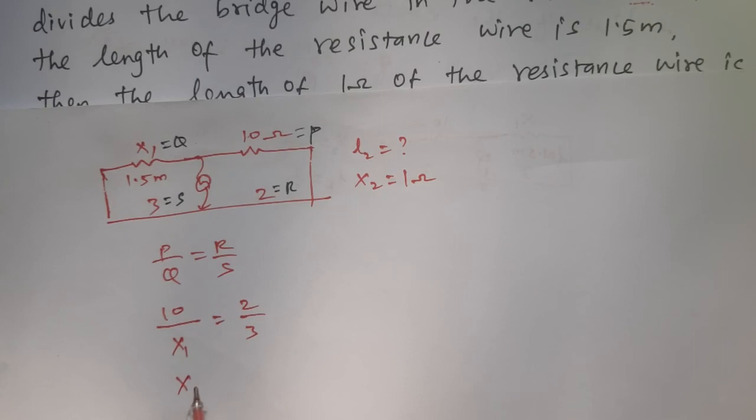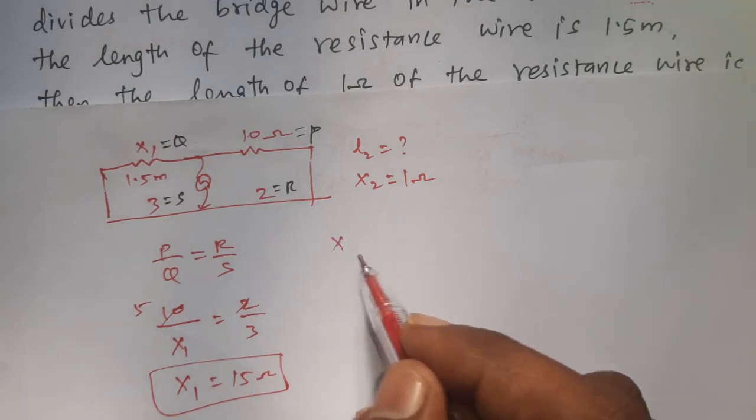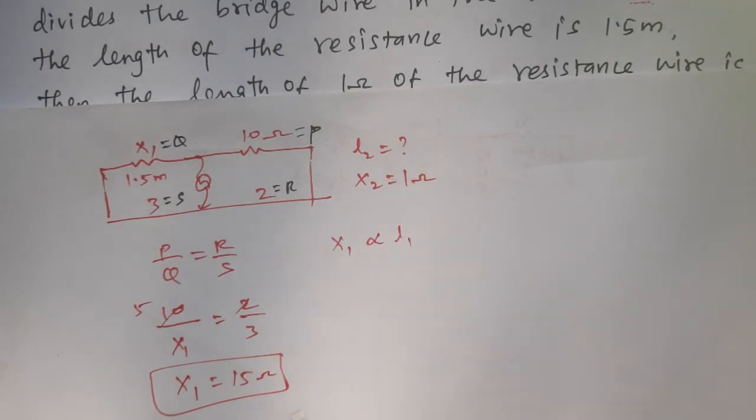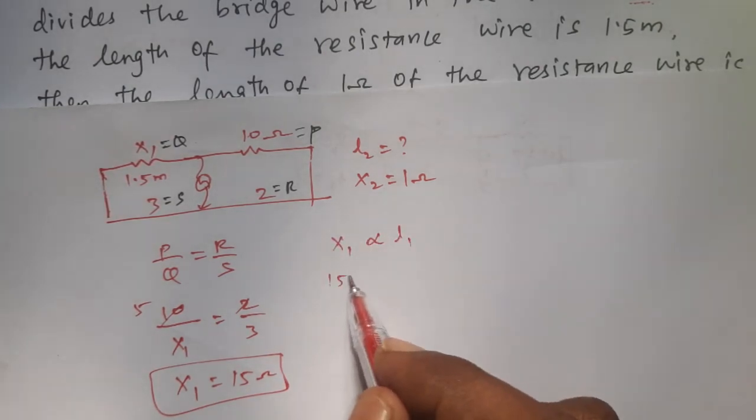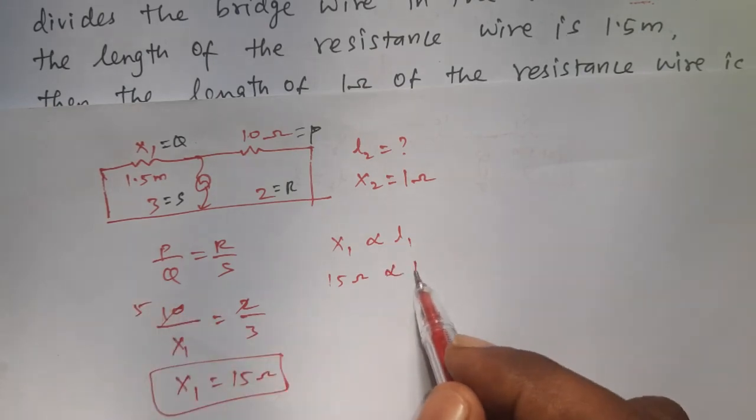If you simplify, X1 is equal to 5 times 3, which is 15 ohm. We know that resistance is directly proportional to the length. When the resistance is 15 ohm, the length is 1.5 meter.